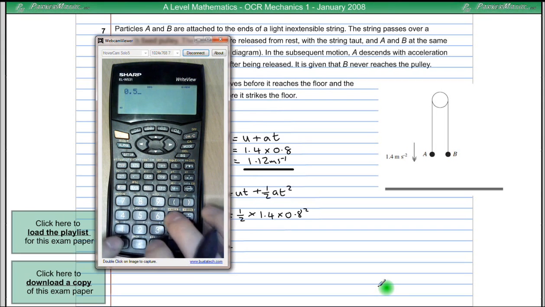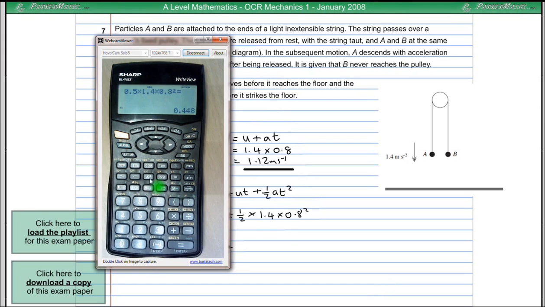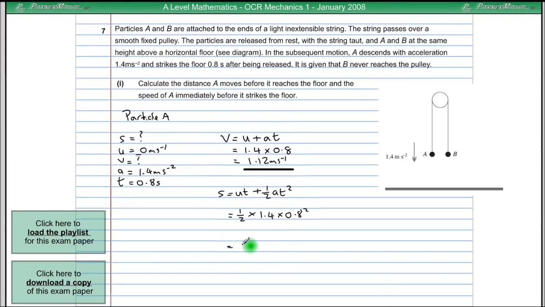So 0.5 times 1.4 times 0.8 squared gives us 0.448. So the distance moved by A is 0.448 and the speed of A immediately before impact is 1.12 meters per second.